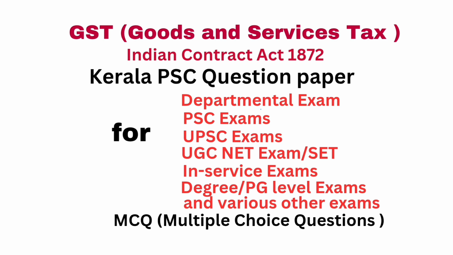Question number 48. General penalty for contravention of any provision for which no penalty is provided in the Act may extend to. Answer, 25,000 rupees. Question number 49. In the GST Compensation to States Act 2017, which is the base year for calculating compensation amount payable in any financial year?